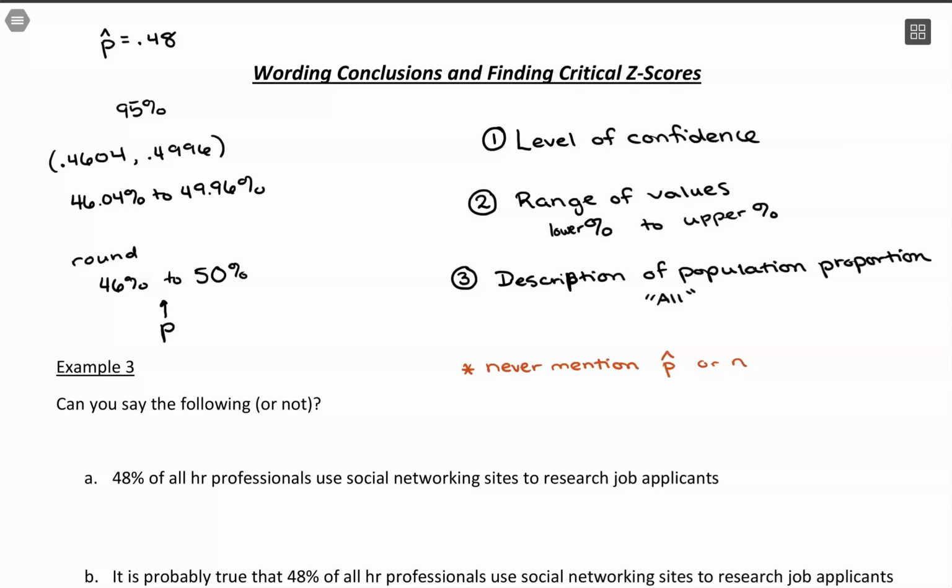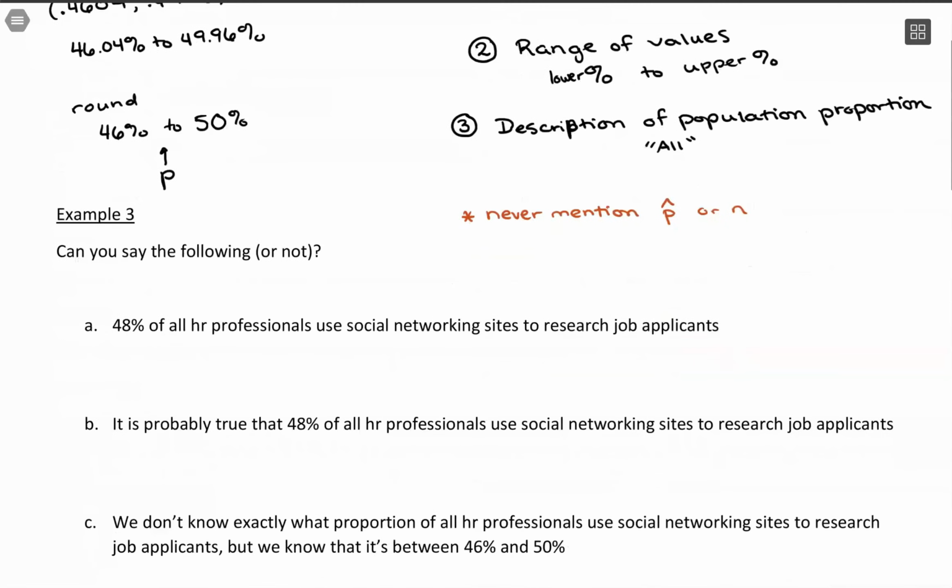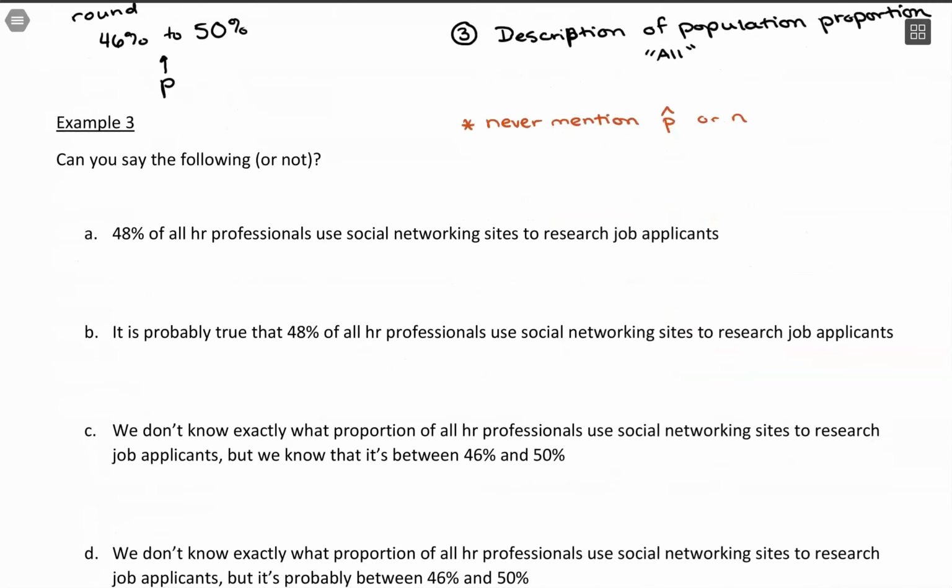I know I kind of wrote out the solution in the previous video for this one, but let's talk about why these sentences don't work and which one does. This first one says 48% of all HR professionals use social networking sites to research job applicants. This 48% is our sample proportion.